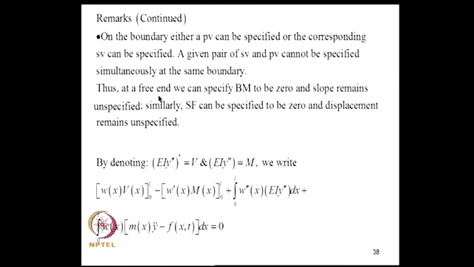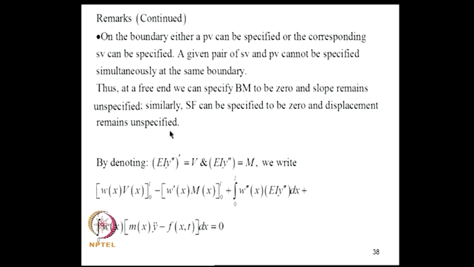Thus, for example, at a free end of a beam we can specify bending moment to be 0, but the slope remains unspecified. Similarly, shear force can be specified to be 0 in a simply supported end, and displacement remains unspecified; in the free end shear force can be specified to be 0, but the displacement remains unspecified.